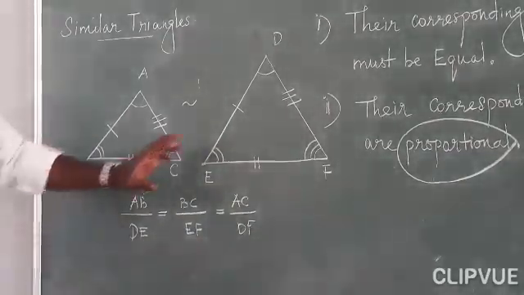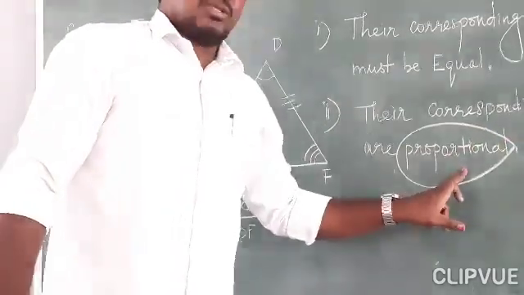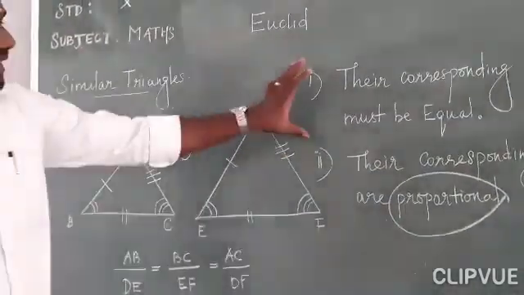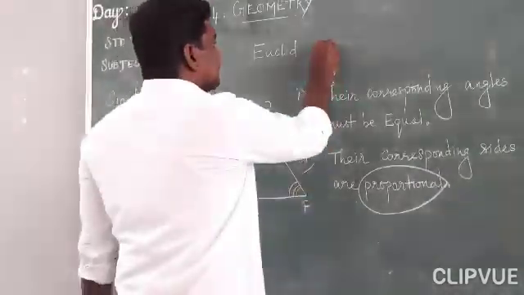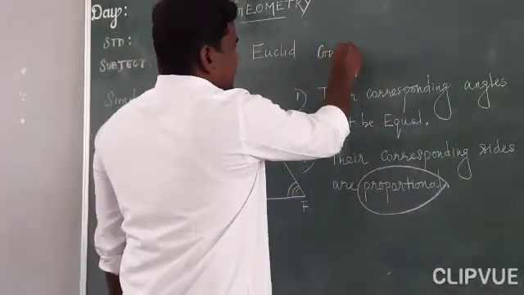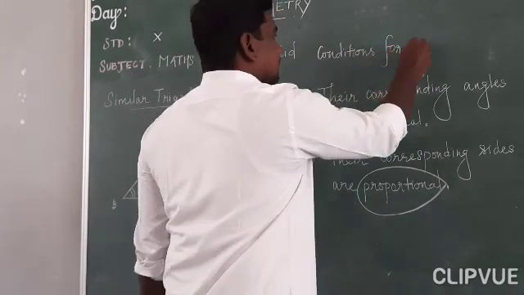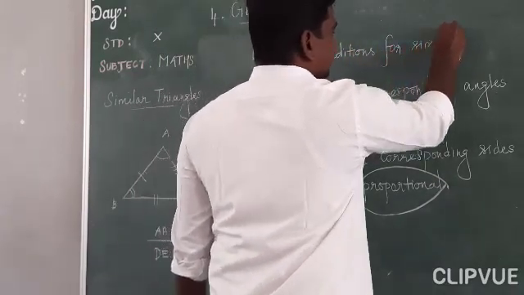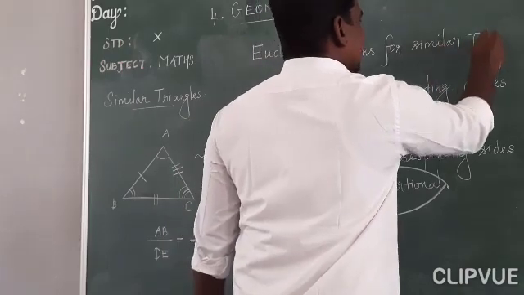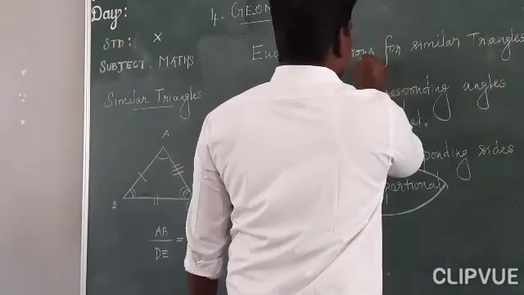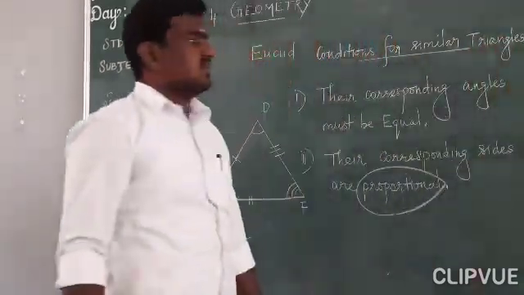So if the corresponding sides are proportional, we can say the two triangles are similar. So there are two conditions for similarity of triangles.